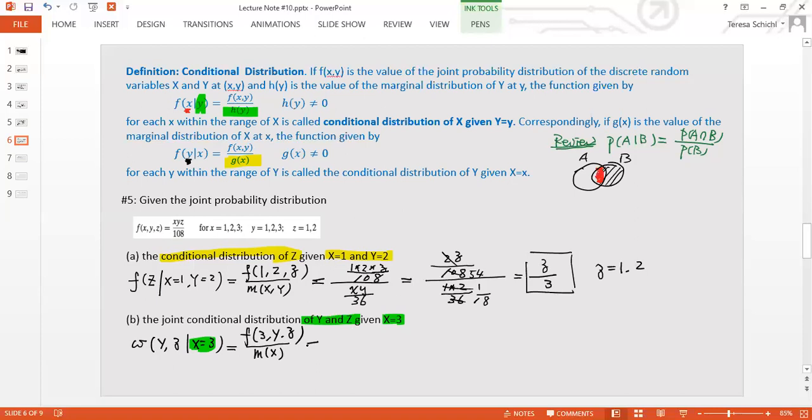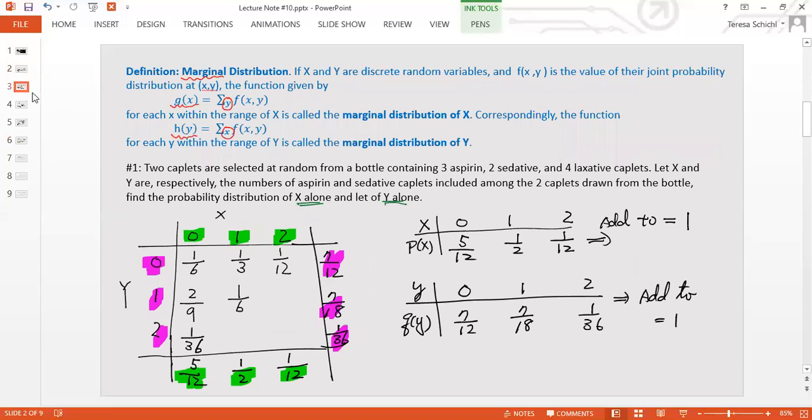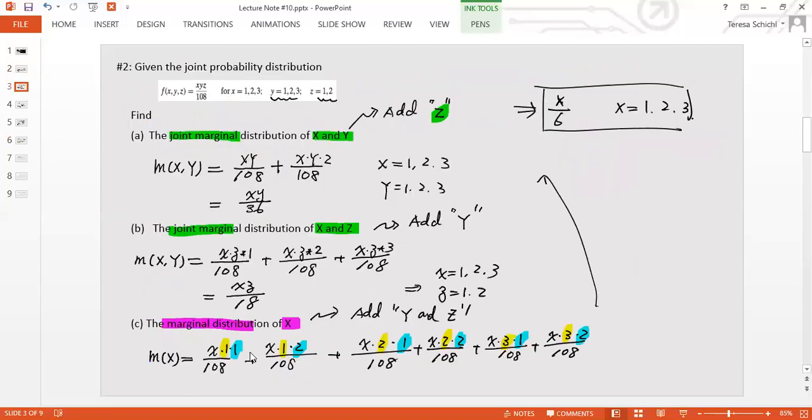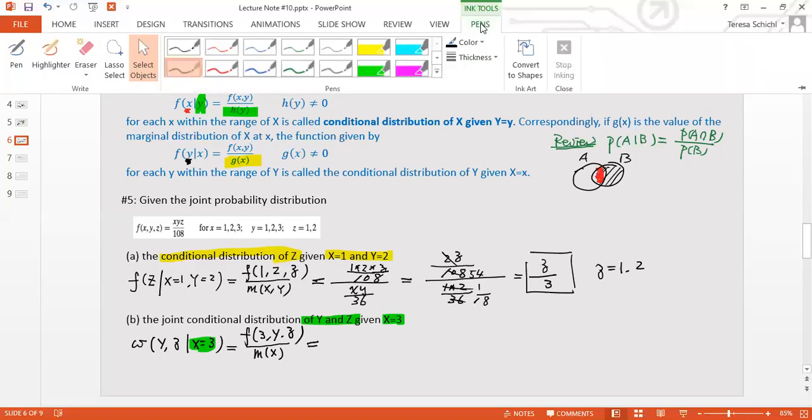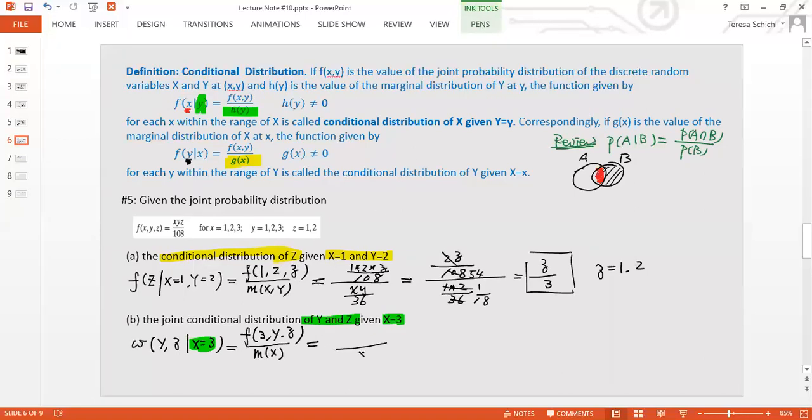All right, so now let's go back to my previous video also. Let's take a look. What is the marginal for x here? Oh, x over 6, right? So good, we still have that saved. So in here, the marginal is x over 6. And then what is my top here?